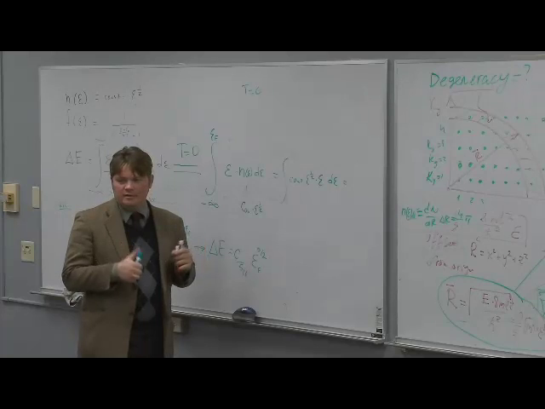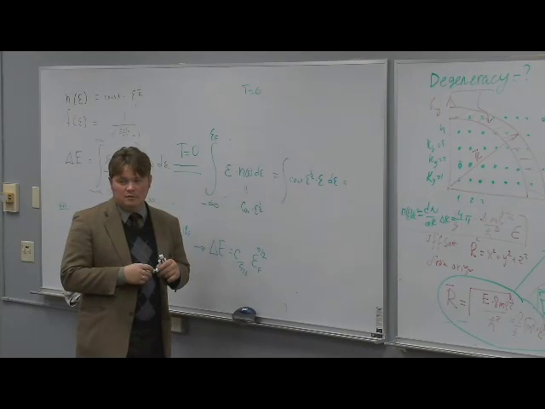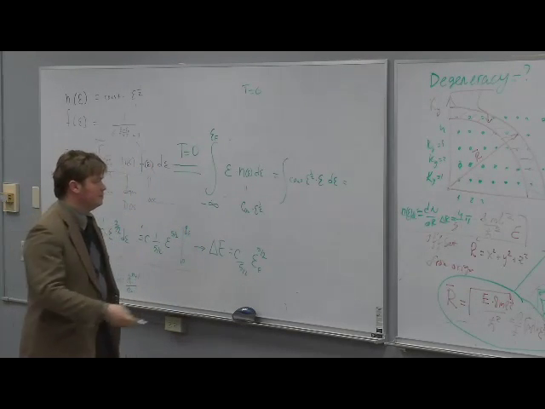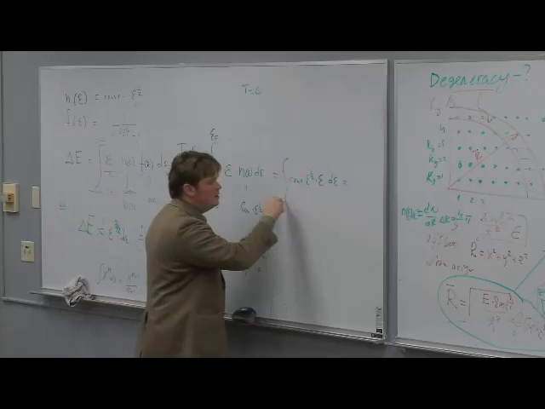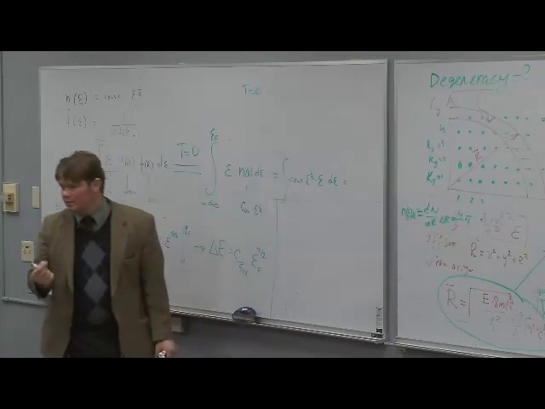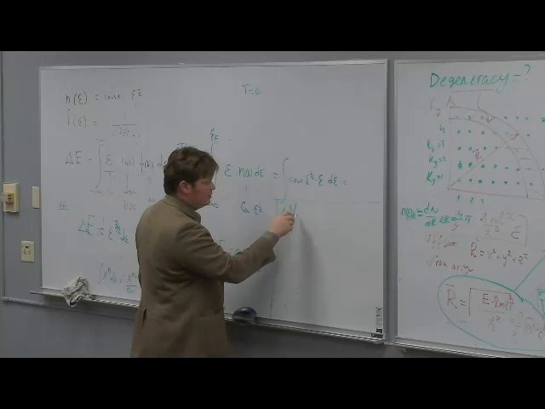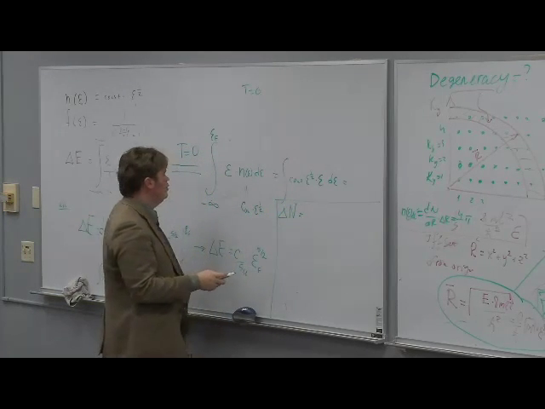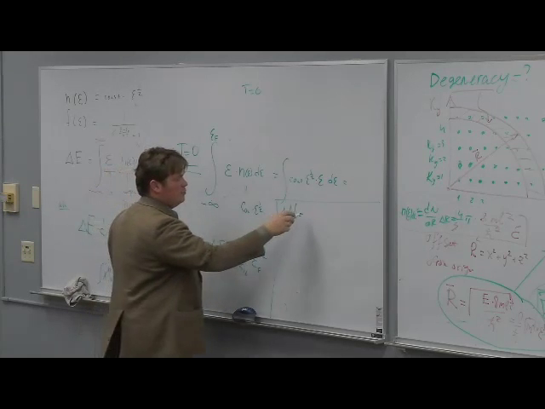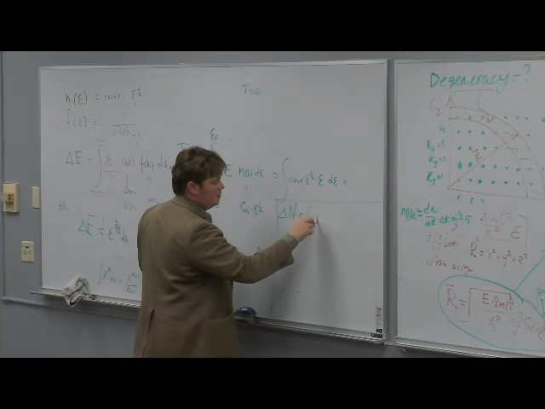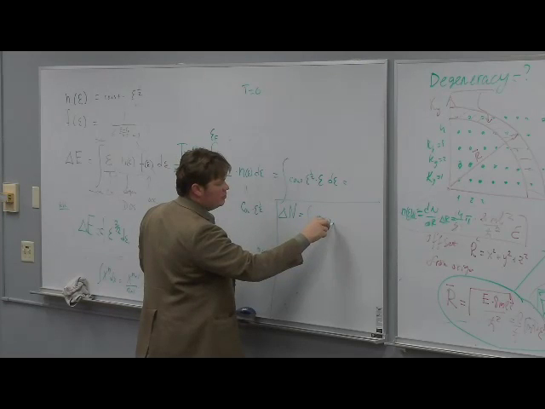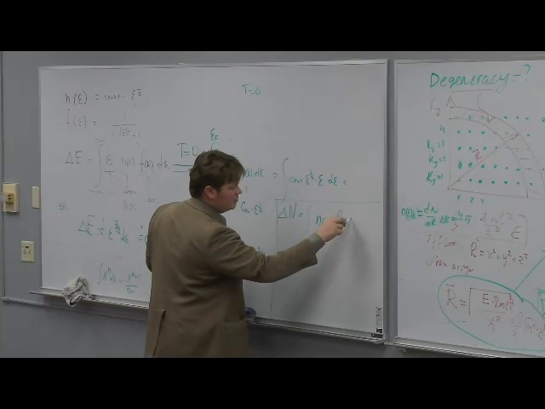Where is the density? Density is the number of electrons per volume. So the total number of electrons in the box will be the same equation, but without the energy. So number, degeneracy times occupation.